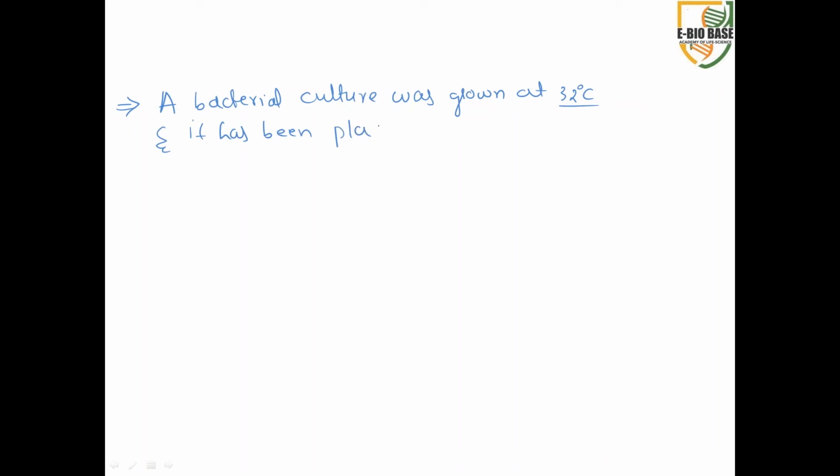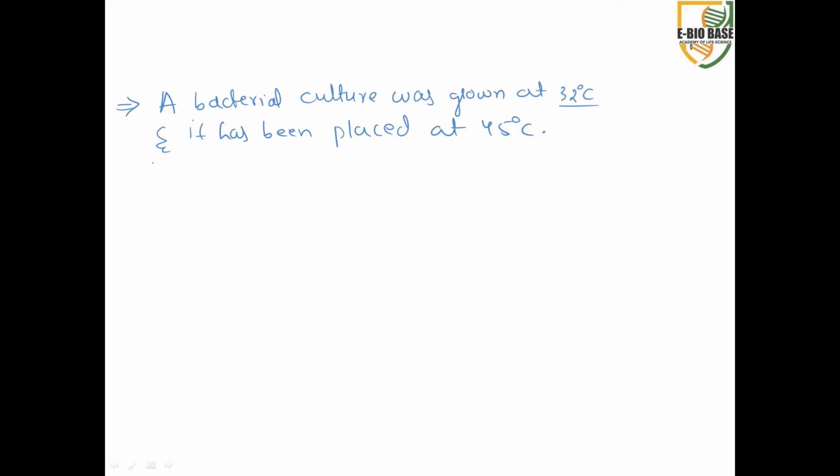The question was like this: a bacterial culture was grown at, let us consider, 32 degrees Celsius, and it has been placed at 45 degrees Celsius.